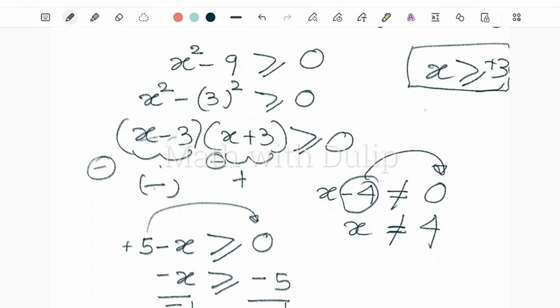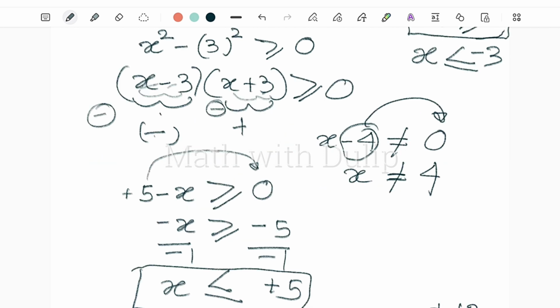So x should be less than or equal to negative 3, right? If you use negative 3, it becomes 0, but if you use negative 4, this part is negative and this part is also negative. Negative times negative is positive. So these are the conditions.